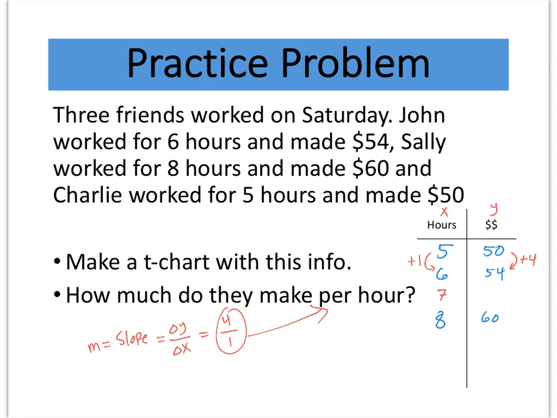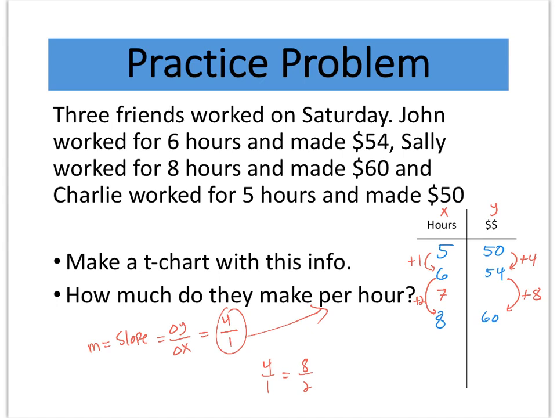And we can actually figure out what 7 is, if I wanted to. Just notice that $4 per hour, 4 over 1, is a fraction, and it's also equivalent to 8 over 2, just like the last problem. So if my x value goes up by 2, like it does from 6 to 8, my y value should go up by 8, and 54 plus 8 happens to be 60.